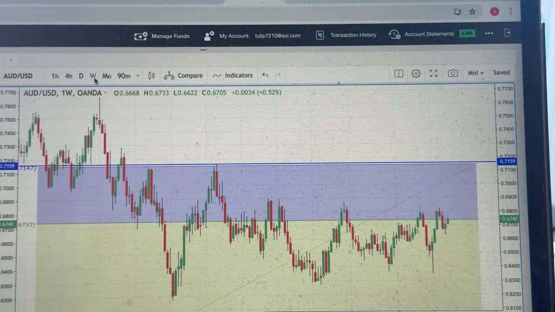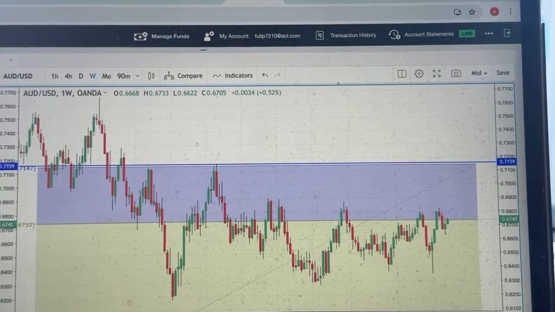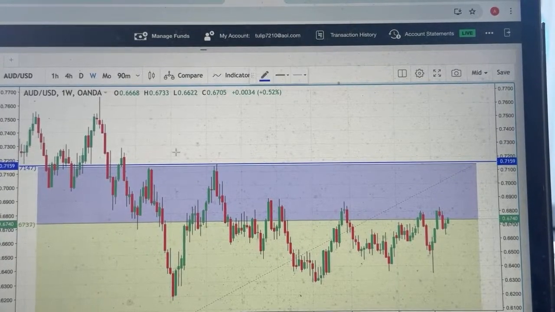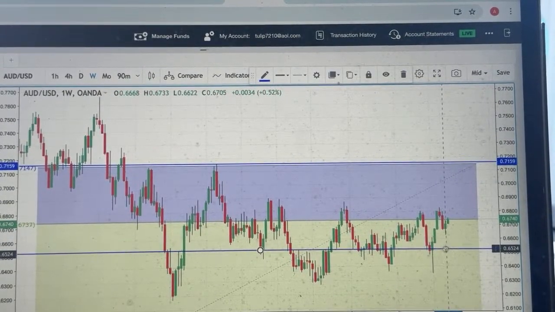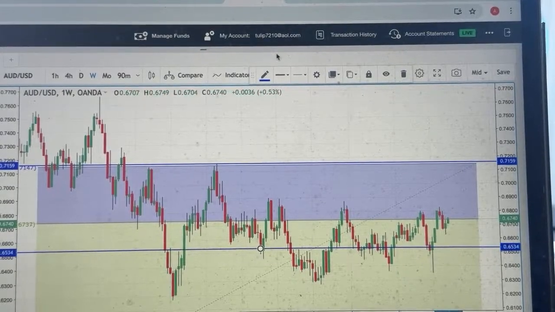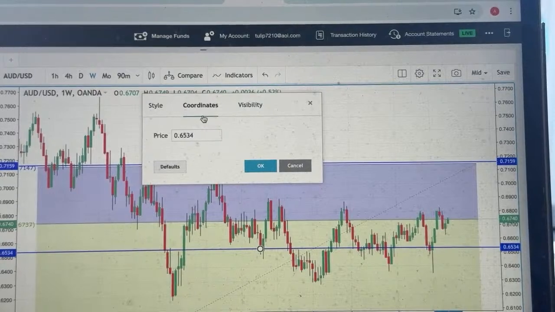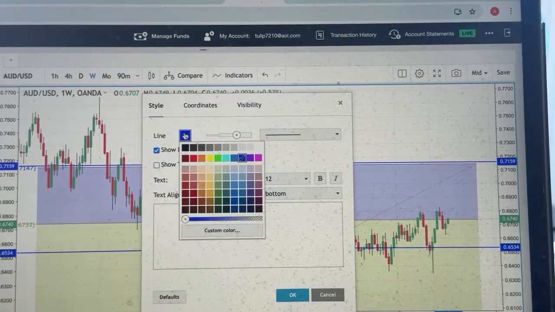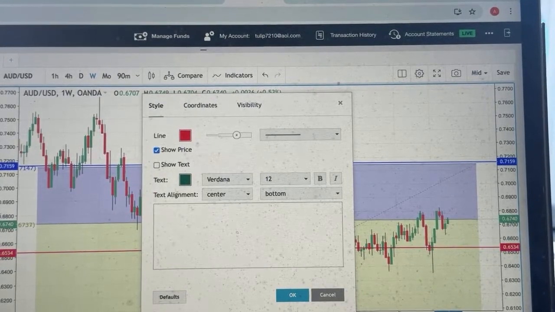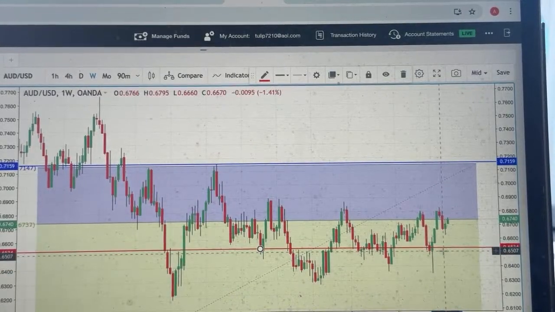I want to wait for prices to come back. So I start looking here. I start looking at some of these orders. Start looking at some of these levels.